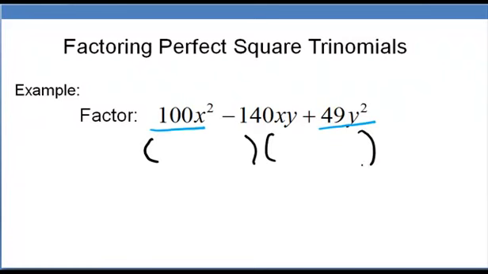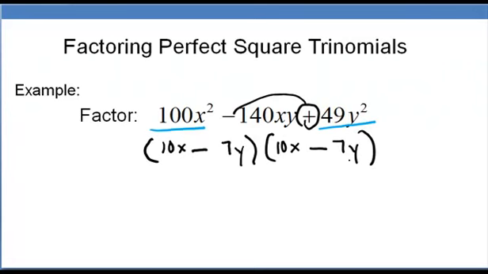So we'll do our sets of parentheses. We're going to do like signs, both minus. For 100, we'll use 10 and an x. On the end, we will use 7 for 49, and we need a y to get the y squared there.